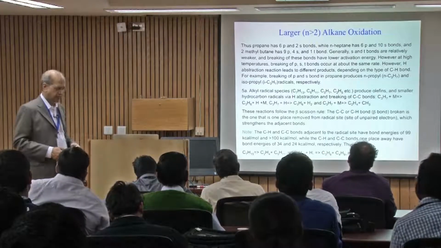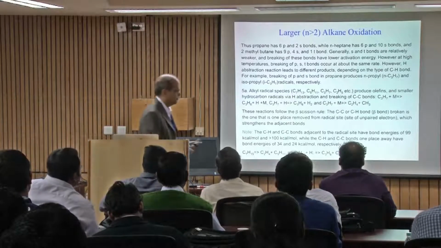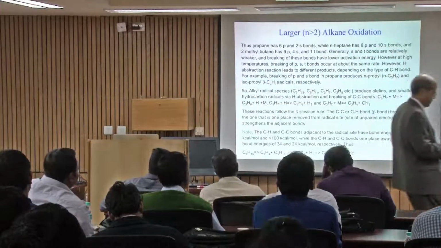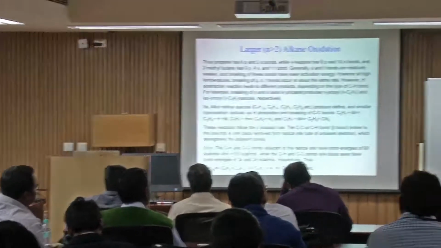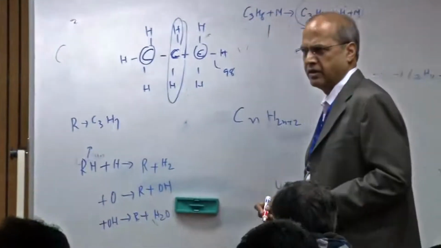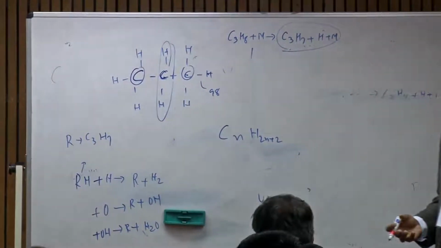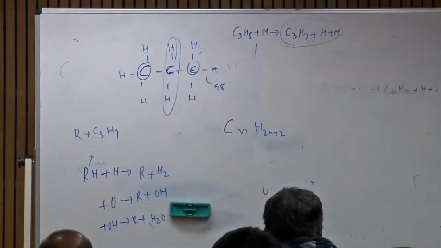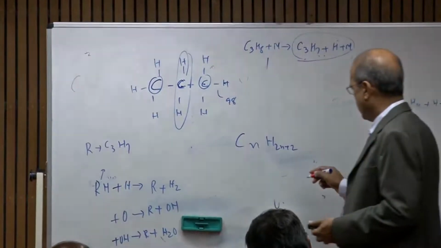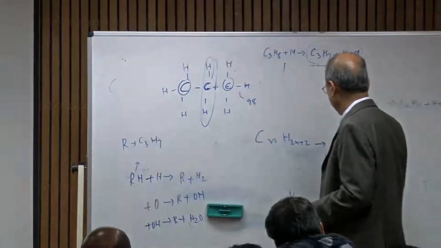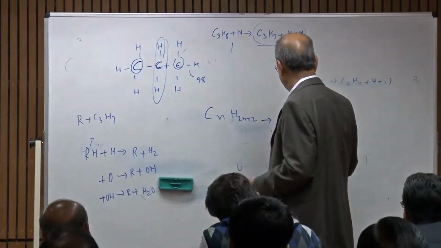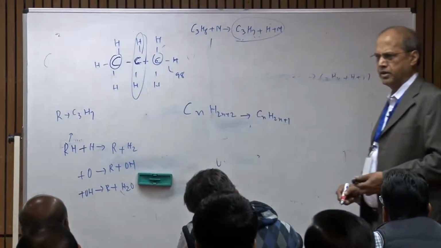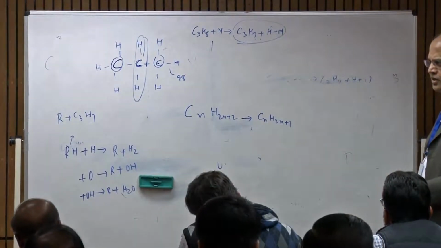In general, alkane is CnH2n+2, like propane, butane, and so on. Alkene means you remove one H, like C7H13, and so on.